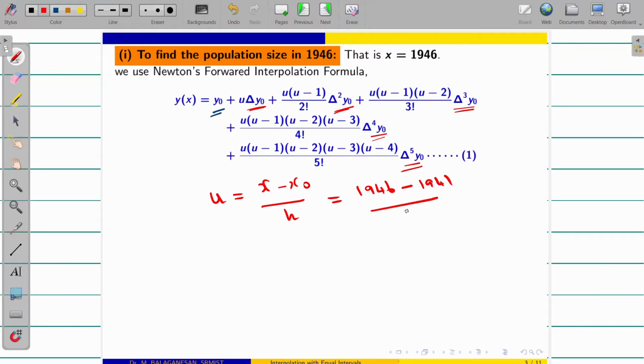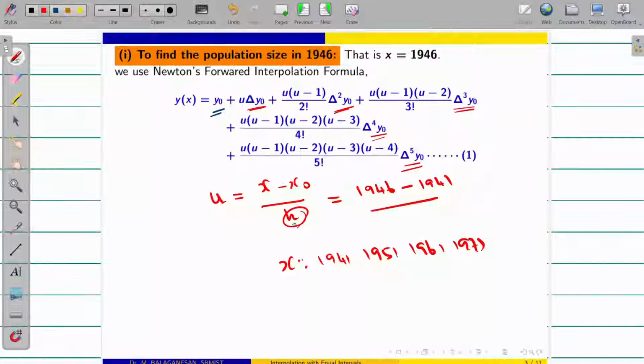Most of you will make a mistake while choosing your h. H is nothing but the difference of x, like 1941, 1951, 1961, 1971. It is an important one, guys. In the upcoming chapters also, we are going to choose it like that.